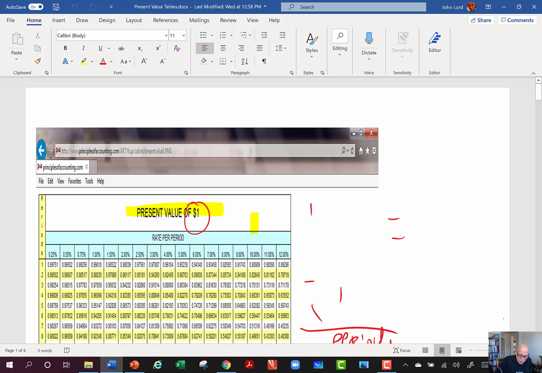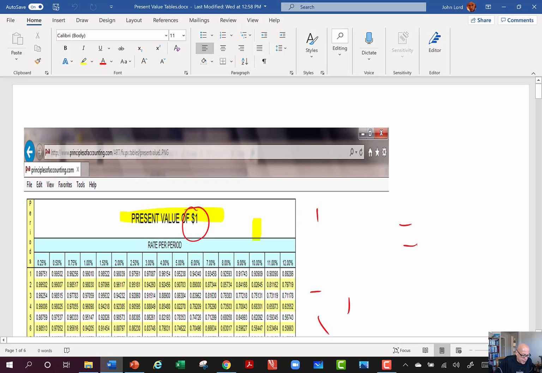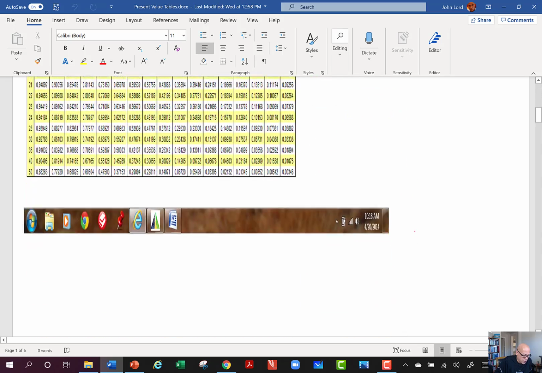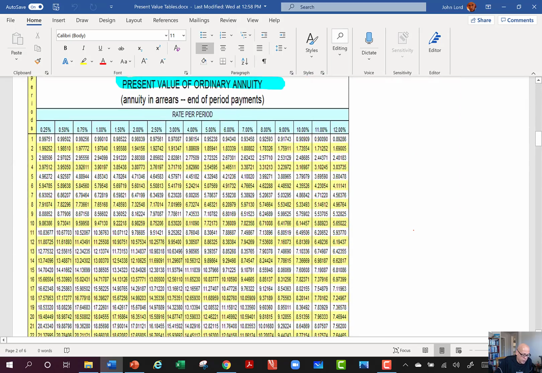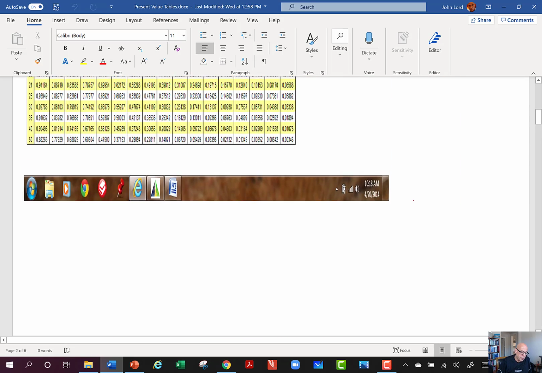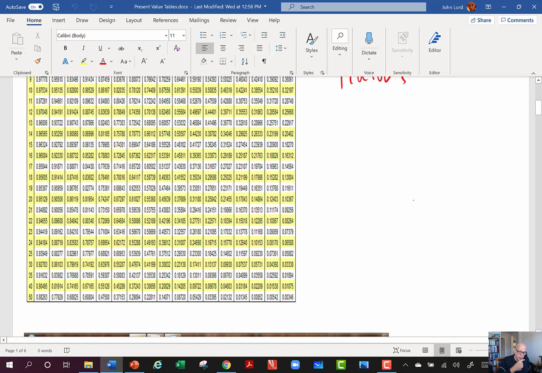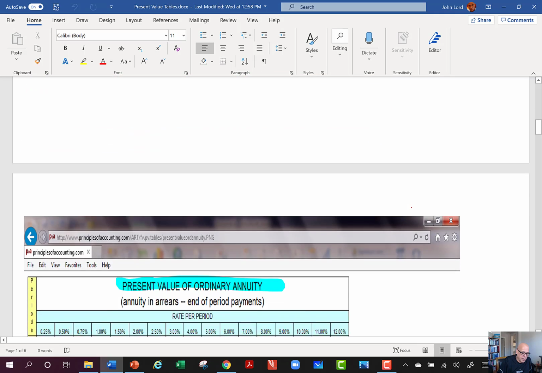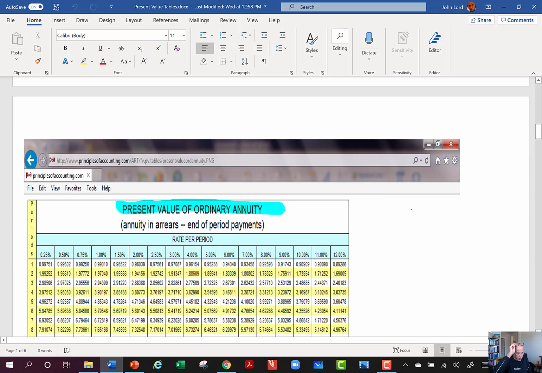The two main ones we're going to use are present value of a dollar and present value of an ordinary annuity. Present value of a dollar assumes that there will be just one lump sum payment that will come at the end of these terms. Present value of an annuity says, hey, there are going to be periodic payments, say $1,000 a year for the next 3 years or something like that.